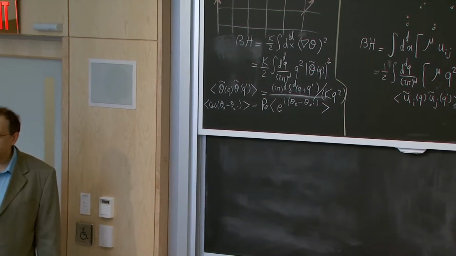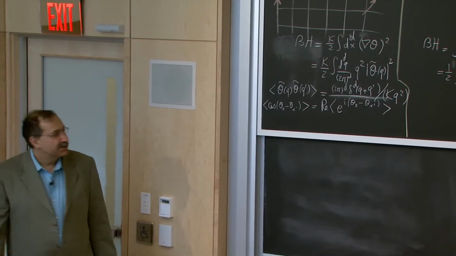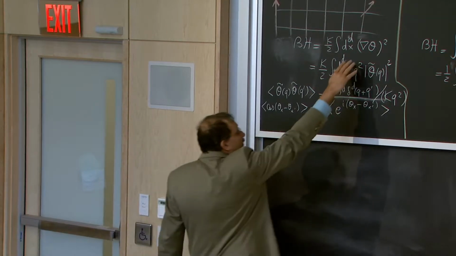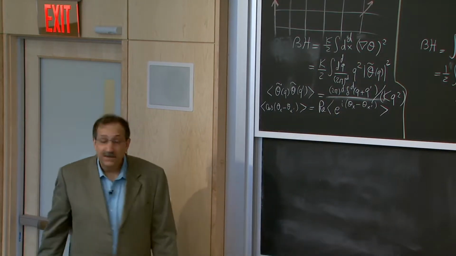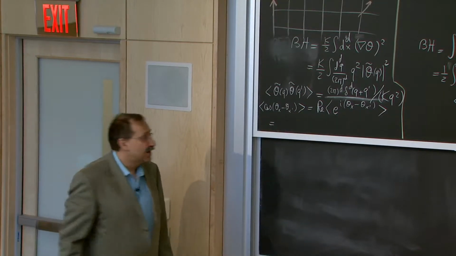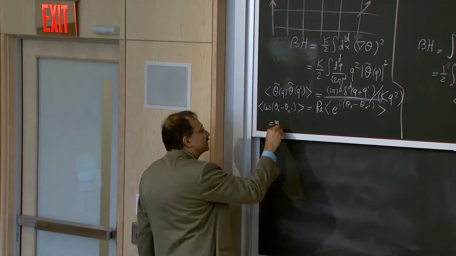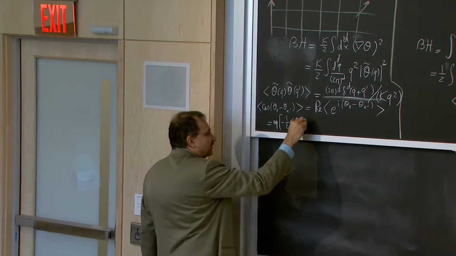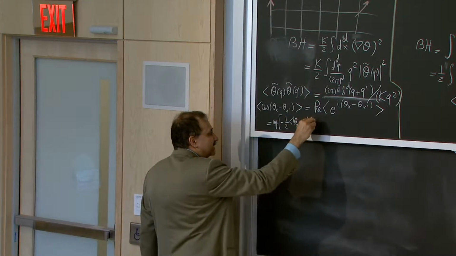Okay? And assuming that everything is governed by this Gaussian weight, the answer is going to obtain by completing this Gaussian as exponential of minus 1/2 the average of theta x minus theta x prime squared.